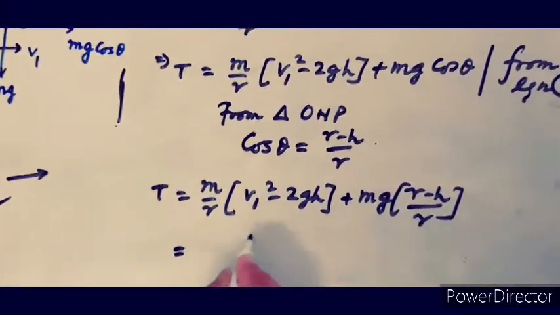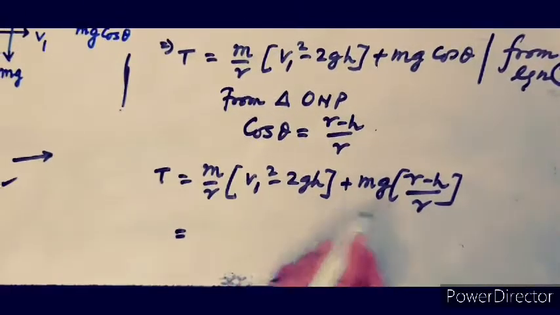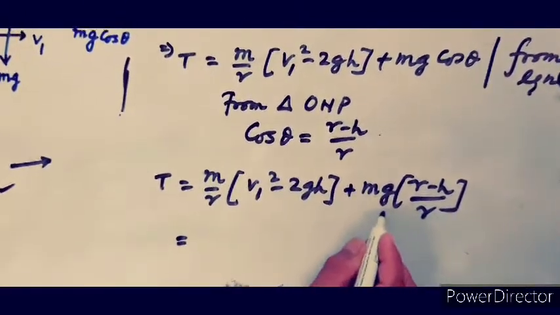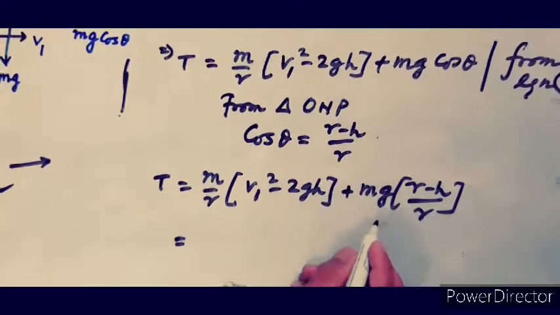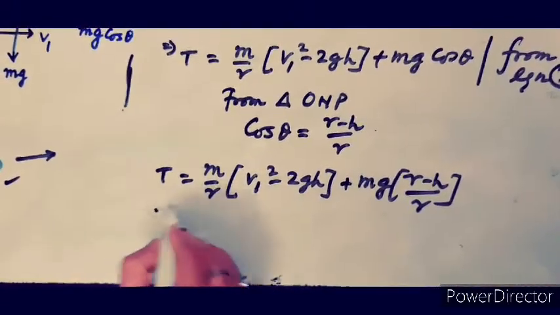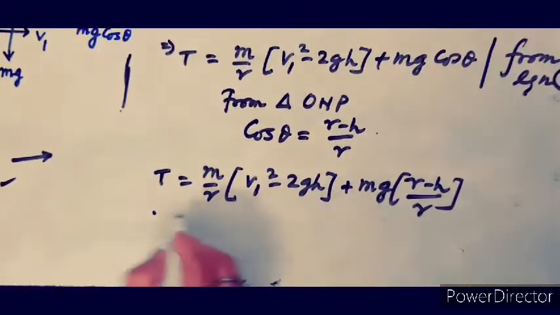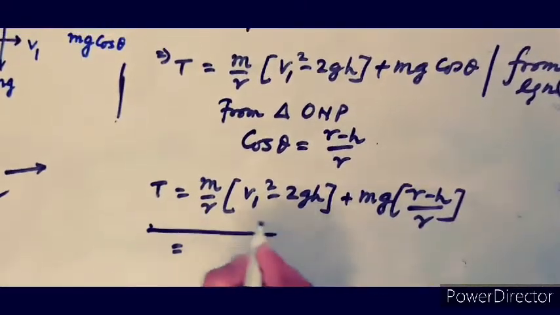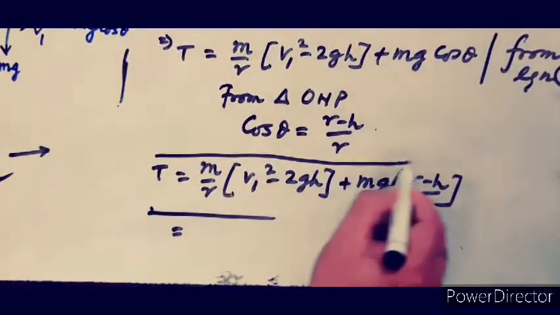Ultimately we'll get it after putting the value and simplifying. We are getting m by r, this much. Right. Better to keep the equation numbering.